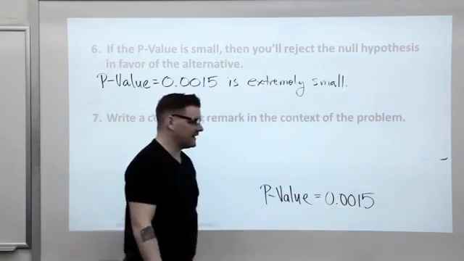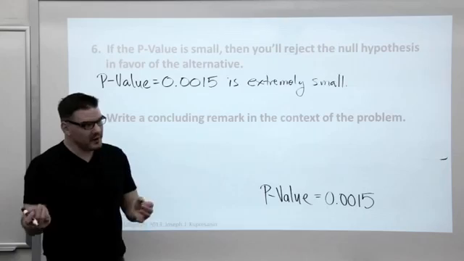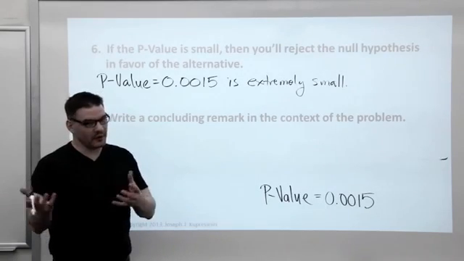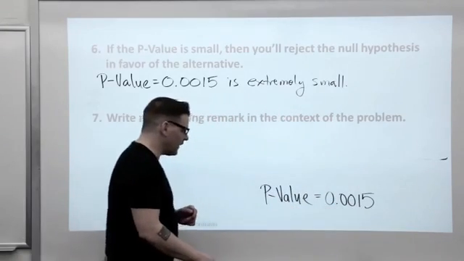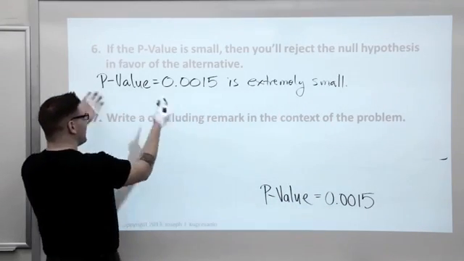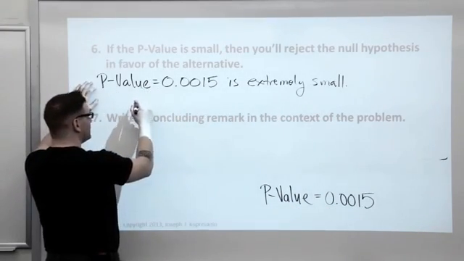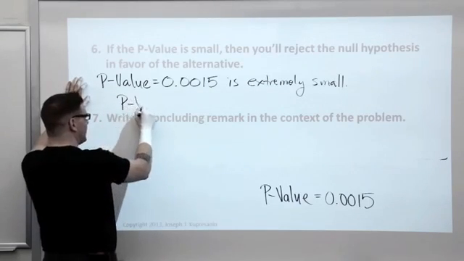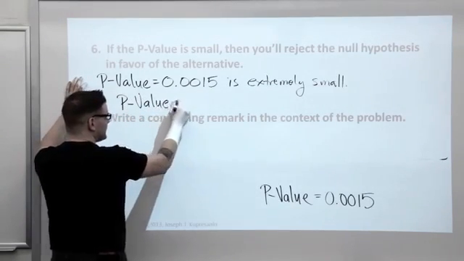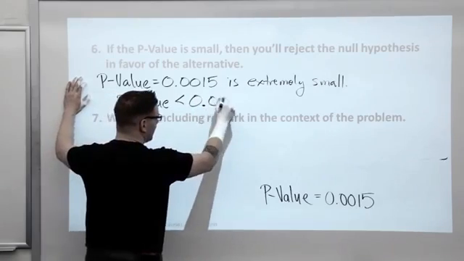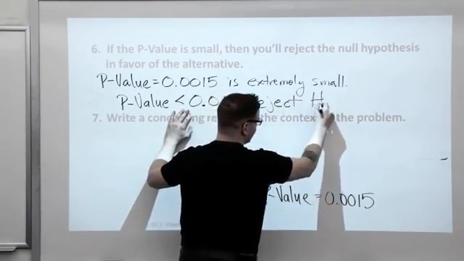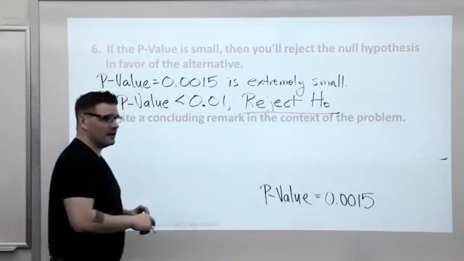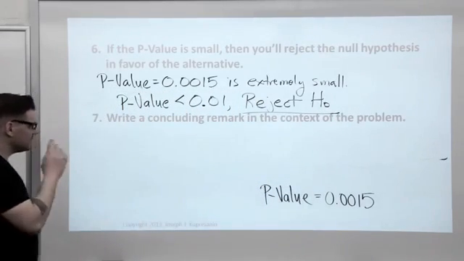Sometimes it's hard to compare decimals, but 0.0015 is much less than 0.01. This is like magnitude below. Very small. When the p-values are small, reject the null. In fact, if you wanted a clear cut, since that p-value is less than 0.01, the decision always, don't think, don't blink, we reject the null in favor of the alternative.